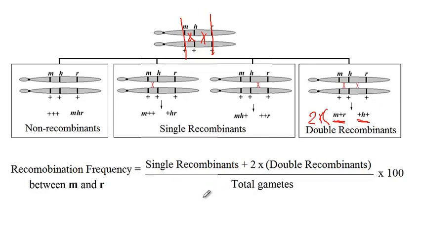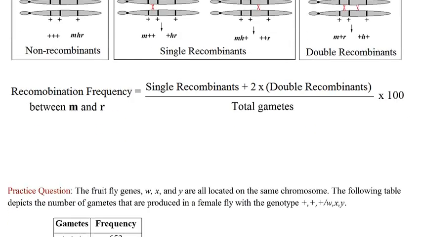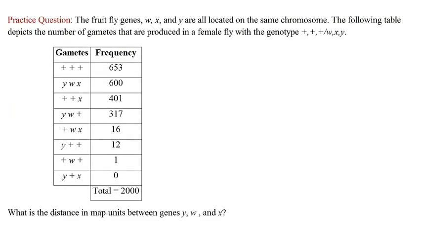And the formula shown here shows you how to calculate the recombination frequency between M and R. It's basically the value of single recombinants, which are shown right here, plus 2 times double recombinants, because these double recombinants have two crossovers between M and R. Okay? And you would better understand this once I give you an example.